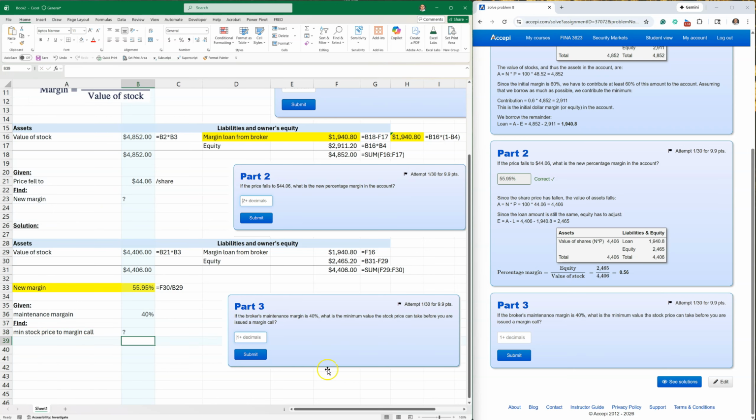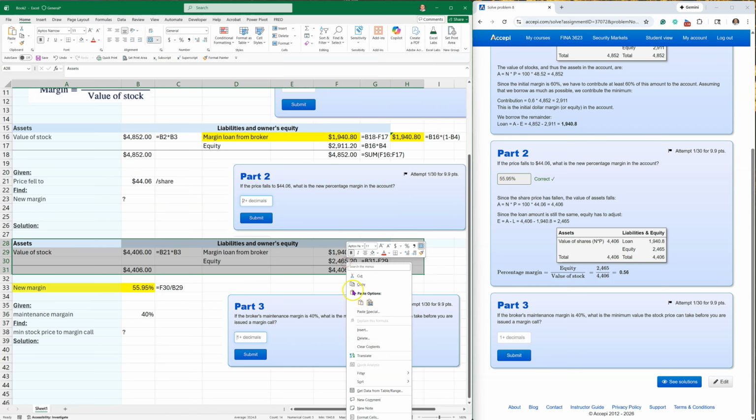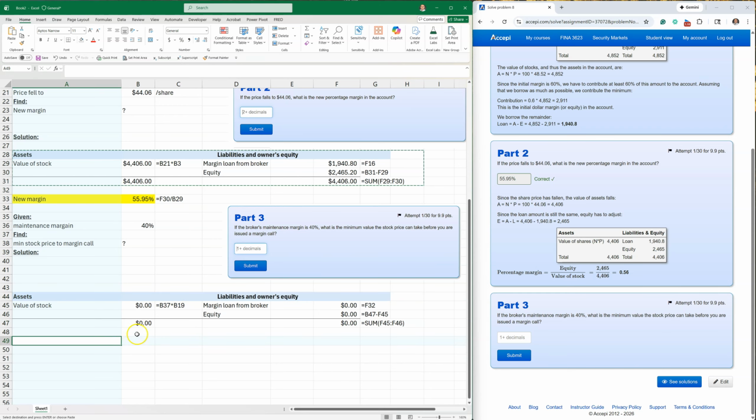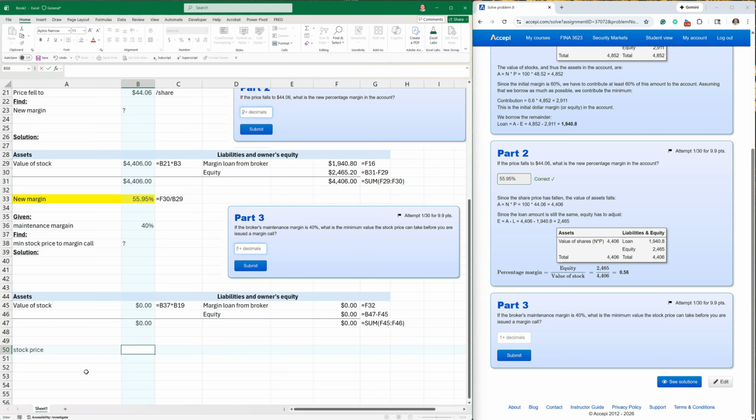Okay, so for a solution, we could take this again, copy it, and work with it again. We don't know the value of my stock, but I'm going to do it using a solver. So I'm going to guess my stock price is $10 per share.